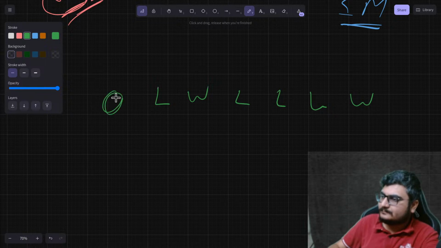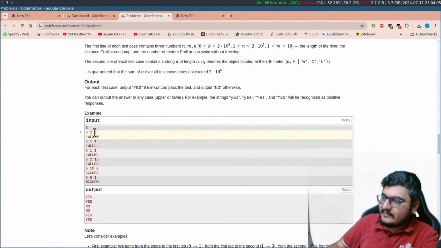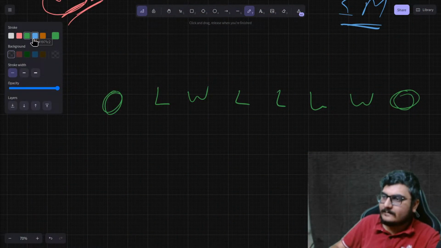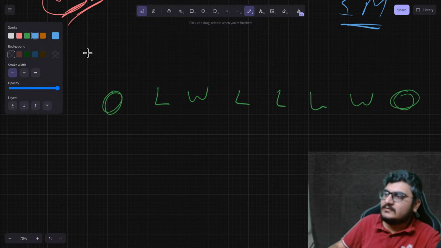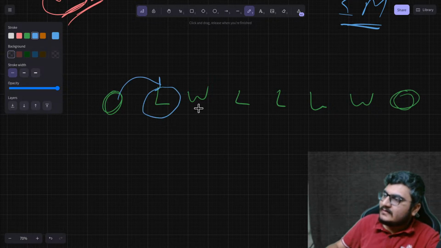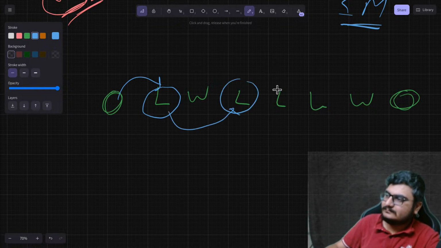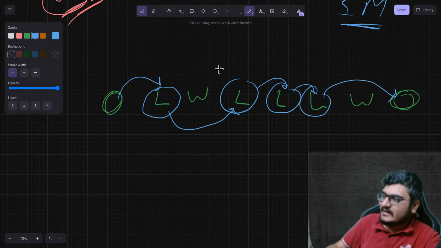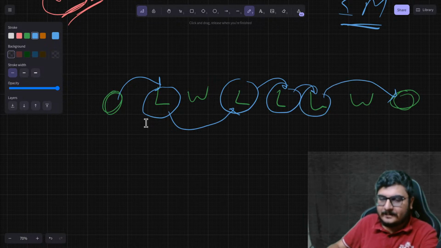We are here and we want to reach here. We can never swim in water because the value is 0, and we can make 2 jumps at a time. So the idea is from here directly jump to this element. Then because we can never swim in water, the only option we have is jumping. And that is how the answer is yes. This is the route we can take.